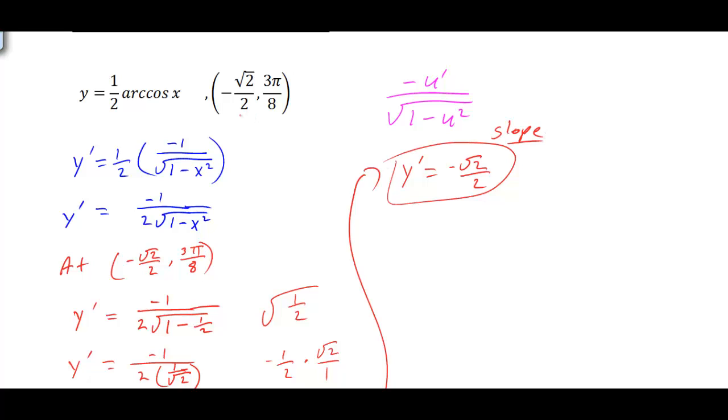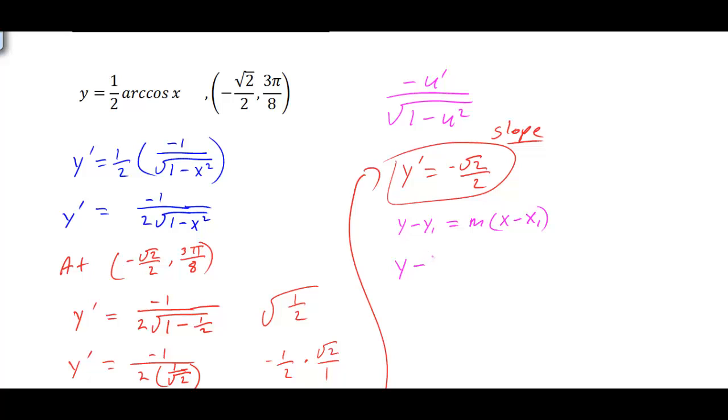And we have our point, negative square root of 2 over 2 and 3 pi over 8. So if we want to find the equation of that tangent line, we can use several different ways. We could use the slope-intercept form, or we could use the point slope, which is y minus y1 equals m, which is our slope, times x minus x1. So we could plug in and we get y minus y1.